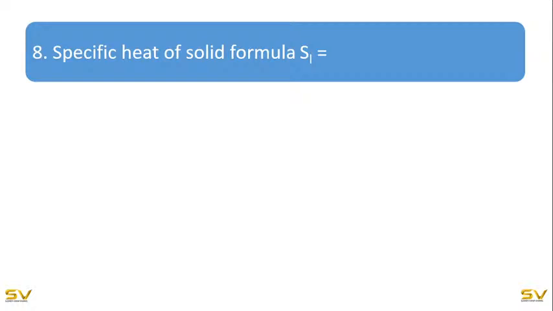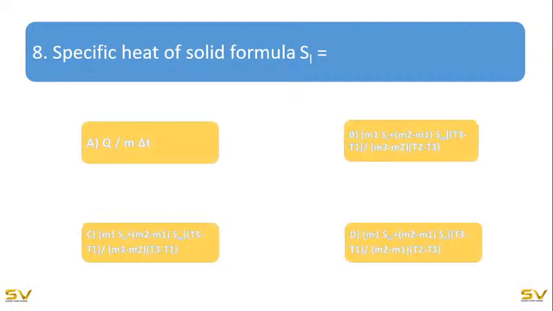Now coming to the next question, that is specific heat of solid. So that means you have the formula SL is equal to. So specific heat of solid in experiment also you have this.